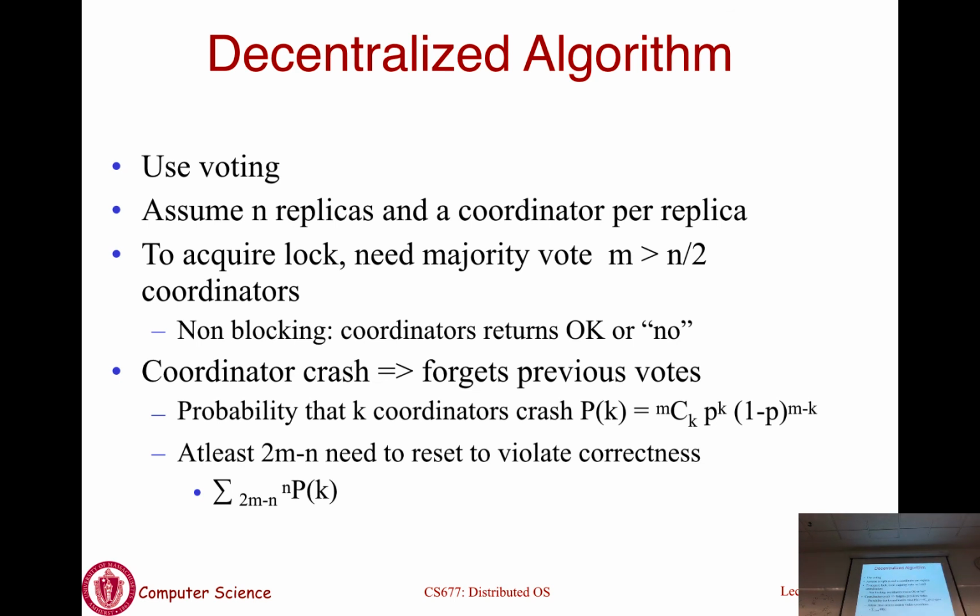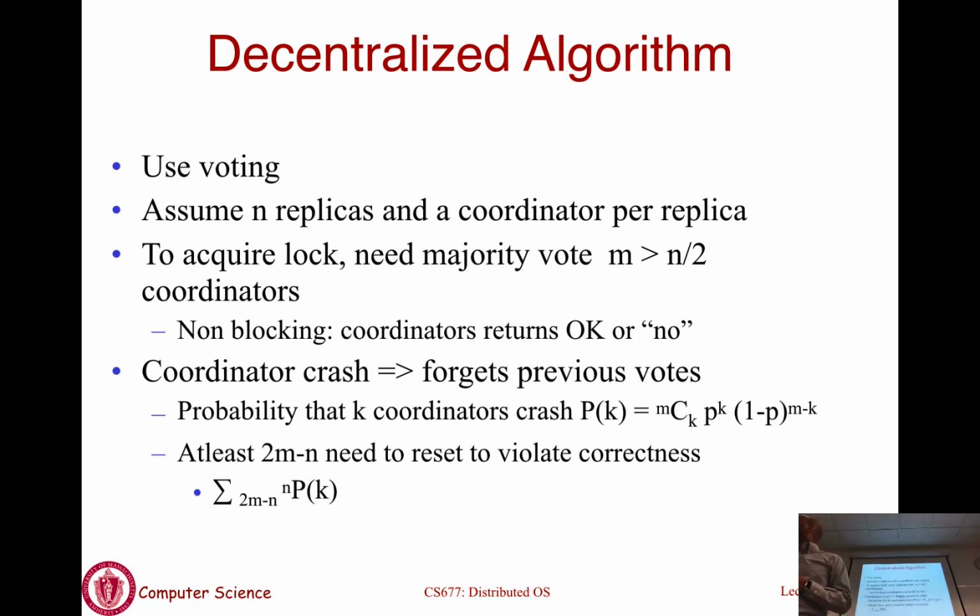Every process participates, they run the same algorithm. That way, if one process fails, the others are still running that same approach that we talked about in the centralized case. So, all you want is to have a majority of the nodes to tell you that you have the lock. That tells you that you are guaranteed that the lock has not been granted twice.